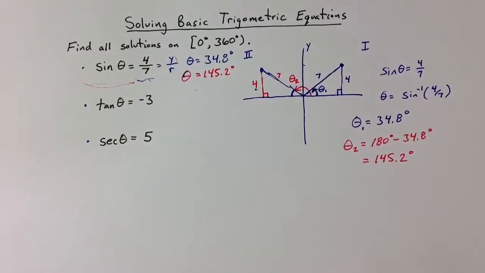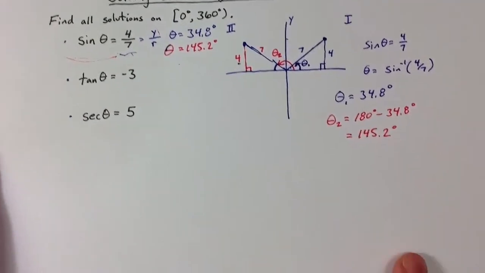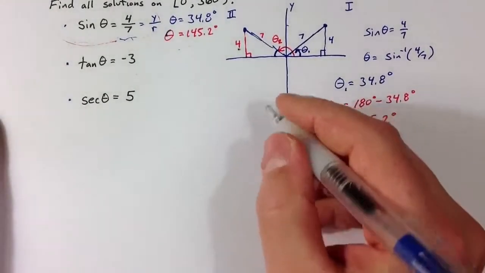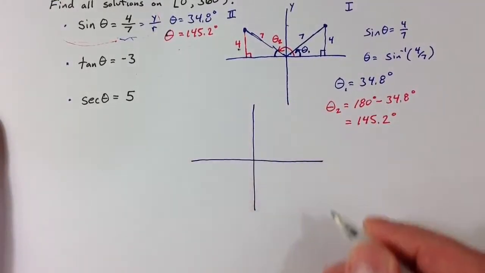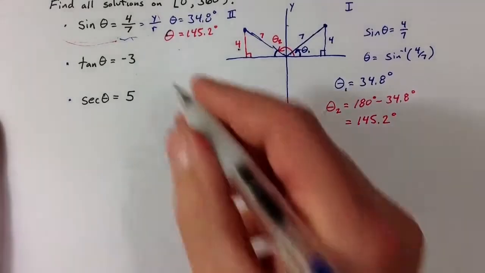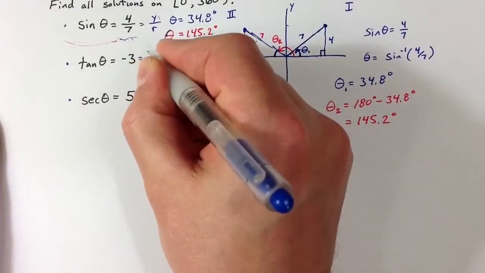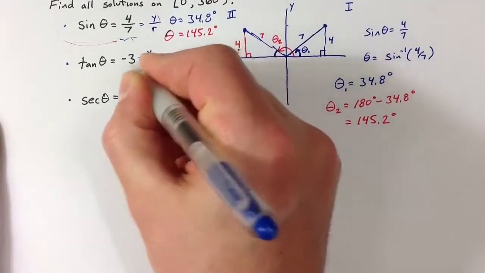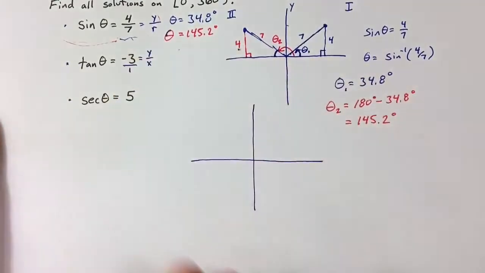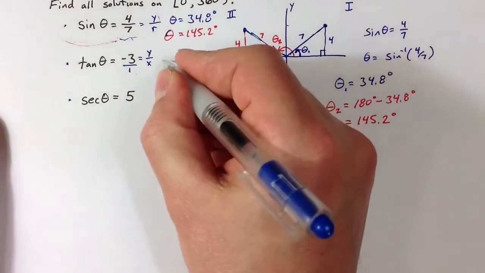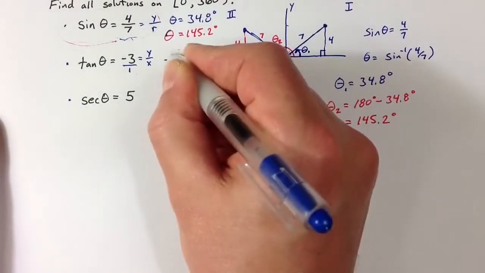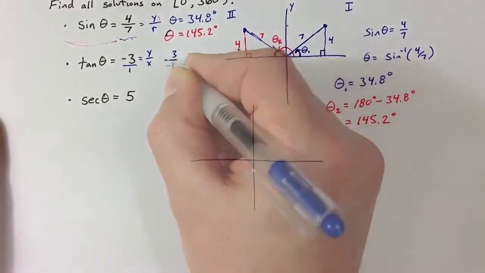A similar process can be done for our second equation. So let me shift things down here, and let's look at tangent. If tangent equals -3, tangent is y over x. And so if tangent is -3, it means we have -3 over 1, or -3 could mean 3 over -1.